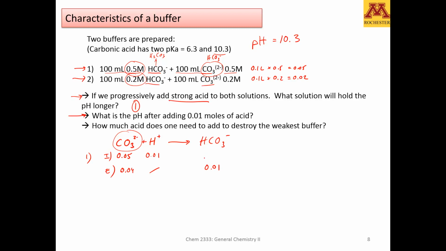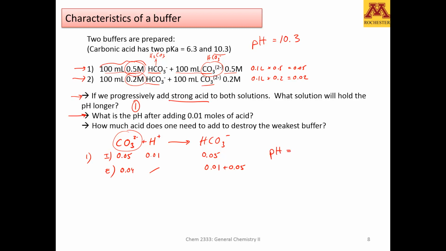Of course, we forgot to add how much acid we already had. We already had 0.05, so now we have 0.05 that needs to be added to the 0.01 created by the addition of acid.